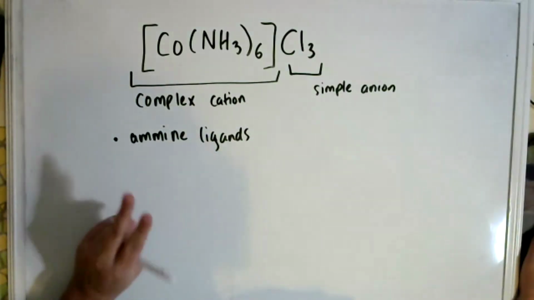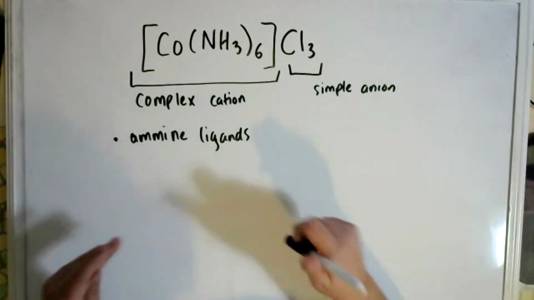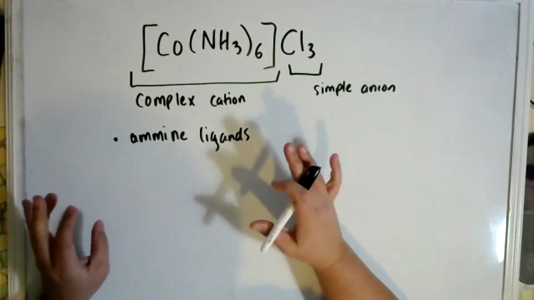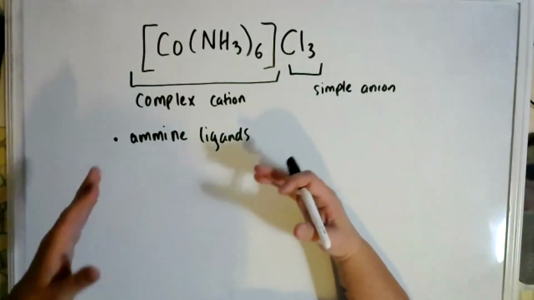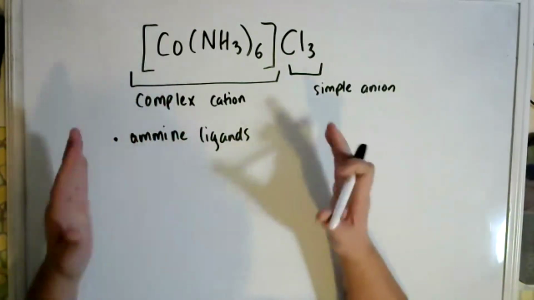The second step is going to be to take your ligands and then list them in alphabetical order. When you're writing out the full name, the names of the ligands are going to come before the metal name in your brackets.